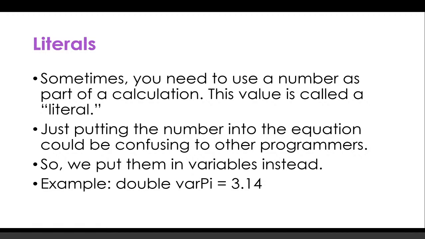Essentially we put them into our program as variables so it's not confusing to programmers in the future. They know what this number is and what it's supposed to do because you've given it a descriptive name instead of just throwing some magic number into an equation. So this is something that we like to do.